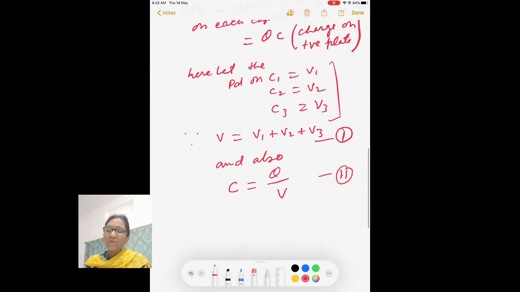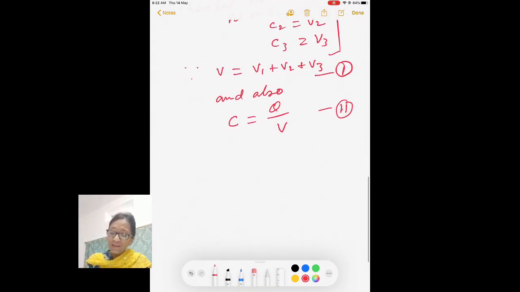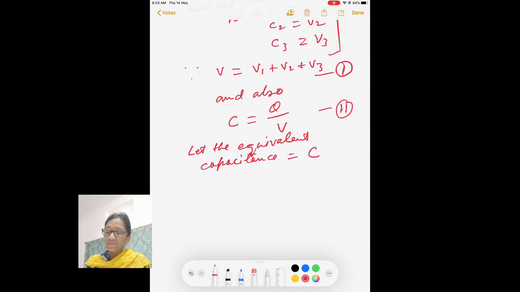And because you are finding the equivalent capacitance, suppose you replace all these things by one capacitor which is having the same capacitance. So let me assume that the equivalent capacitance is equal to C farad only.